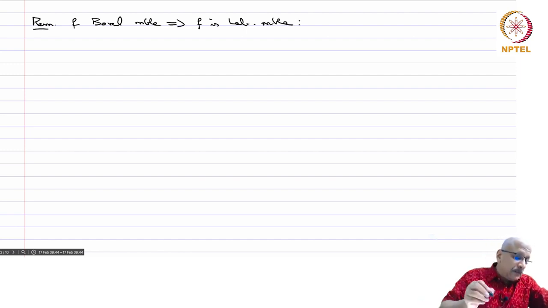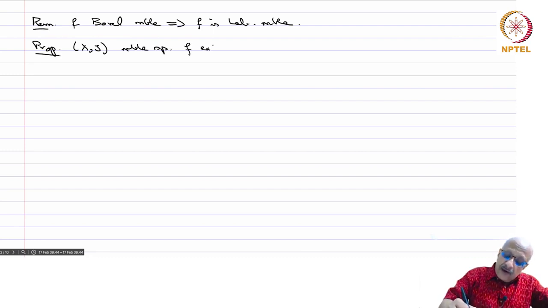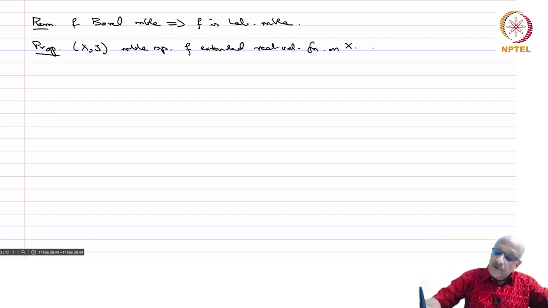Okay, fine. So first proposition: there's nothing sacred about the way we have defined measurability. You have the following various equivalent forms. Let (X, S) be a measurable space and f an extended real valued function on X. The following are equivalent.